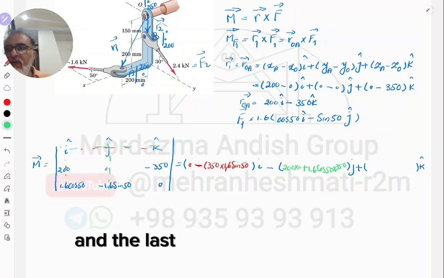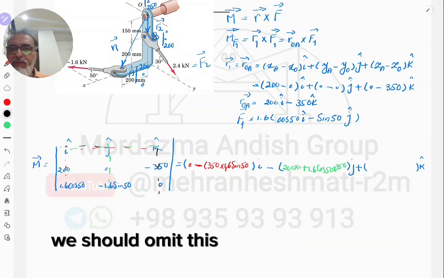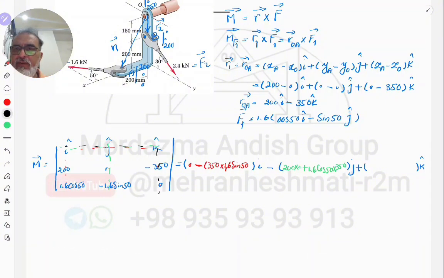And the last one, to find the last one, we should omit this column and this row. So 200 multiply 1.6 sine of 50 minus 0. 0 multiply this 1.6 cosine of 50 means 0.